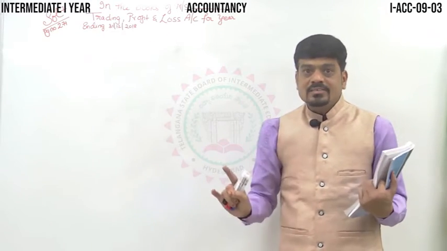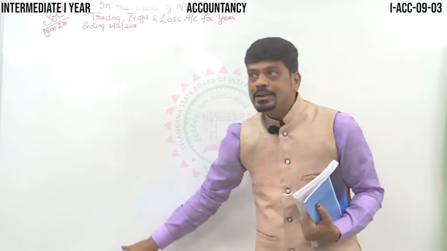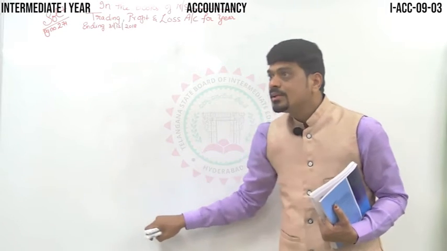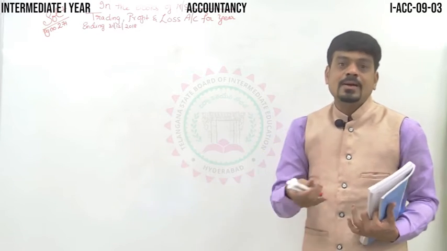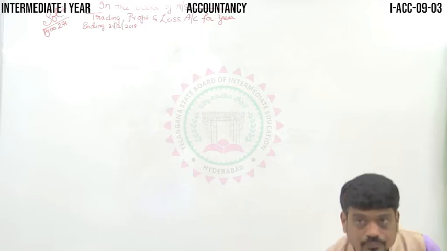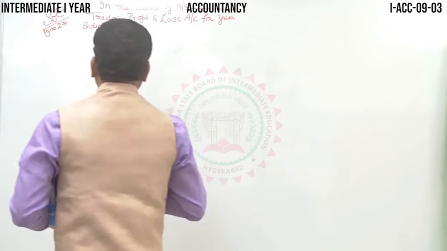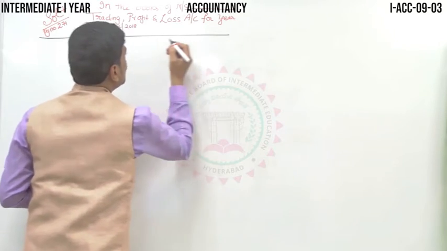So always, whenever you are asked to prepare trading and profit and loss account, we'll use the complete page. Down all the workings will come, and how the workings will come, everything systematically. Now I am going to show you, dear students. So if you see here, I am drafting the account for you all.